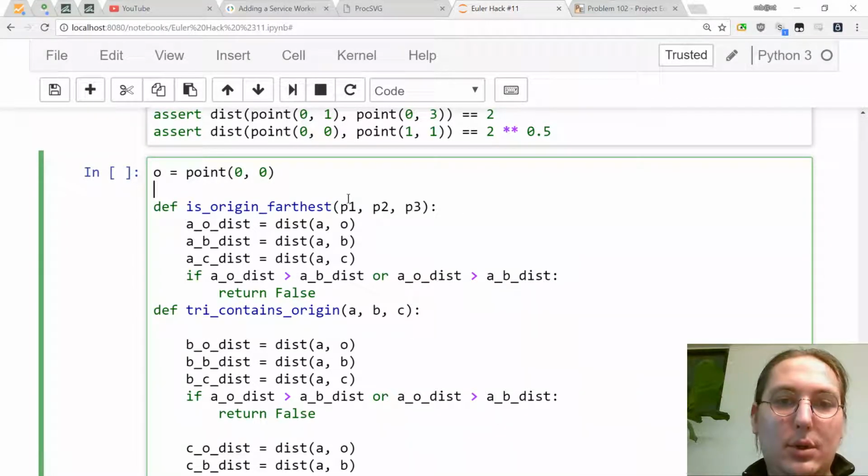So we're always comparing P1 to the others.